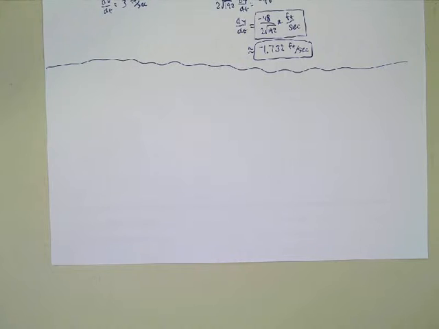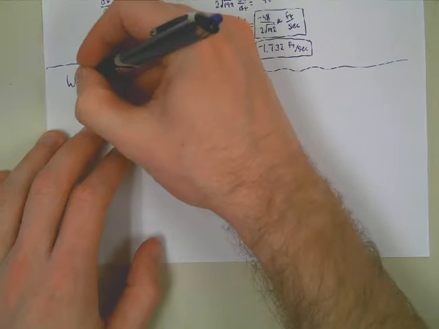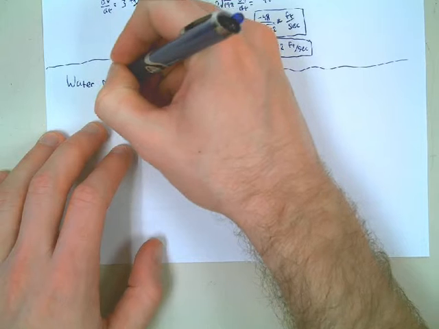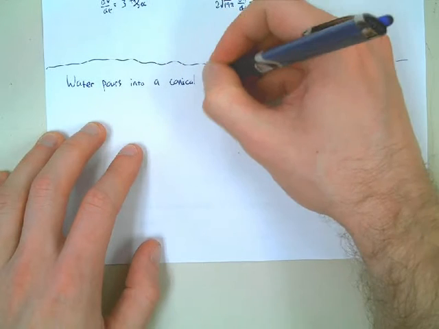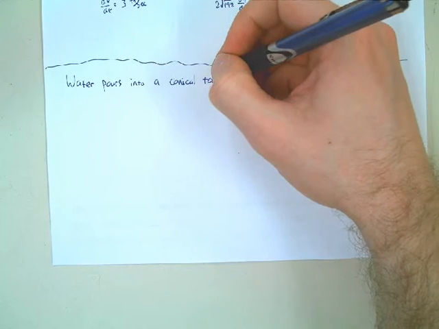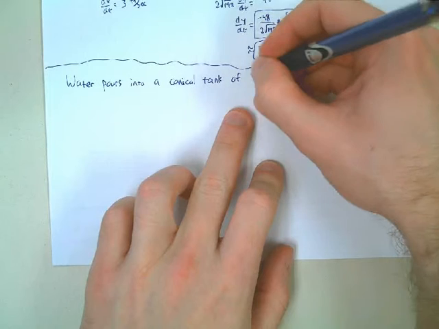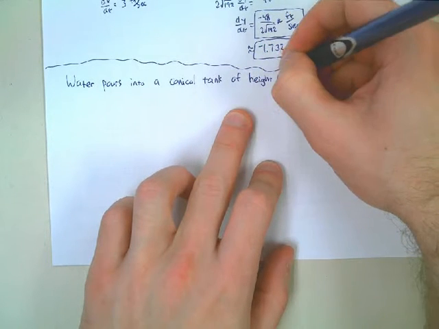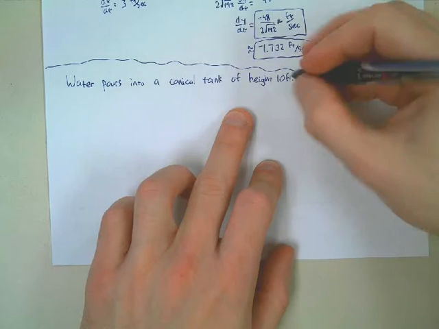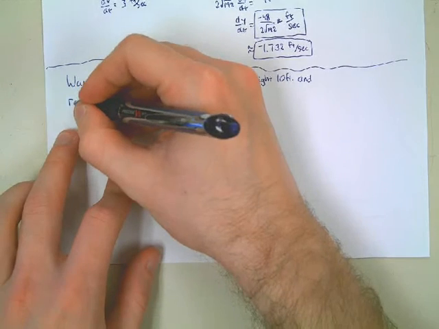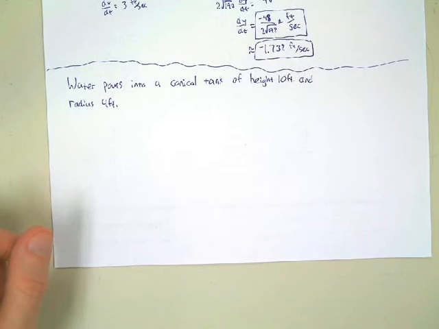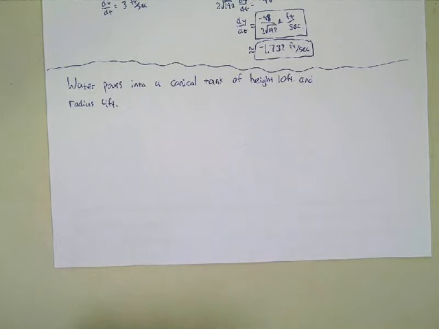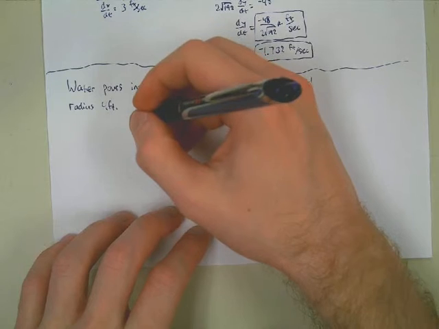Water pours into a conical tank of height 10 feet and radius 4 feet. I'm guessing this is at the top, the wide end of the cone. Yes, it's like an ice cream cone orientation.